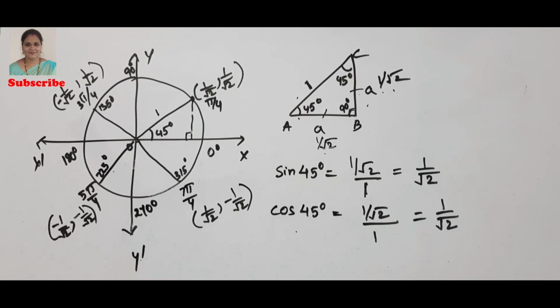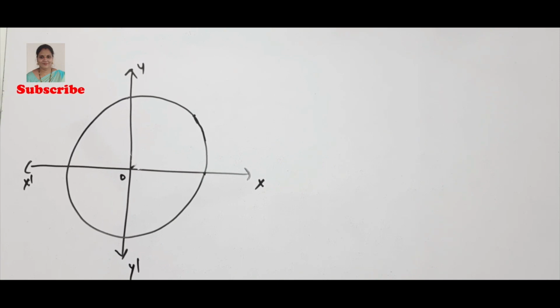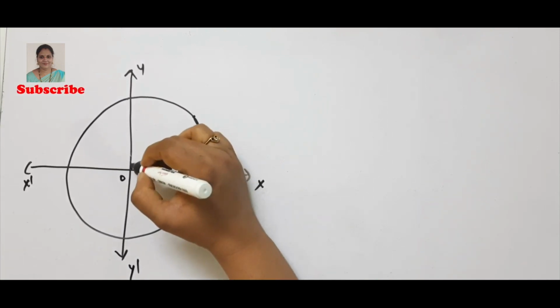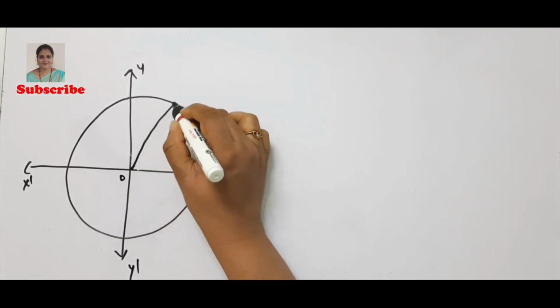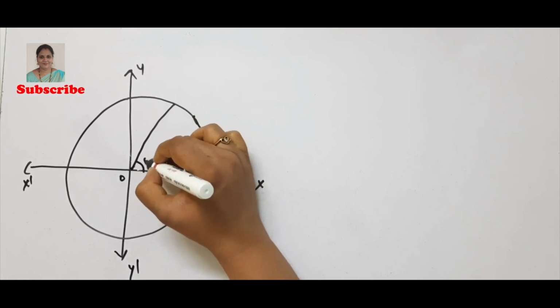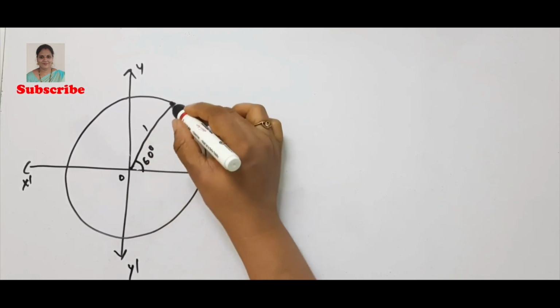Now let us study the values of sin 60 and cos 60 when the terminal ray is making an angle of 60 degrees, of radius 1.